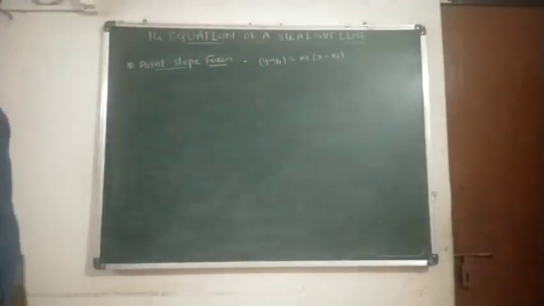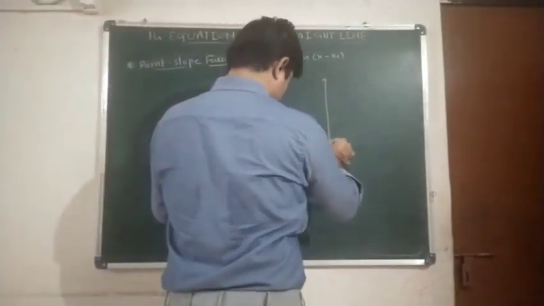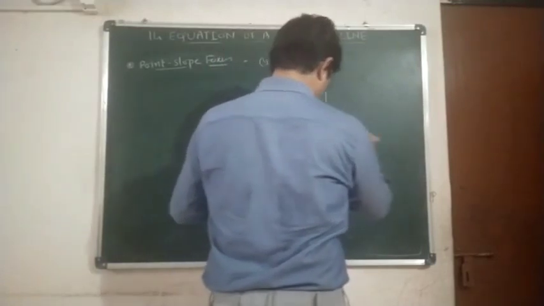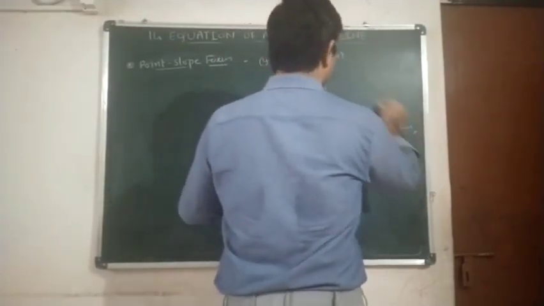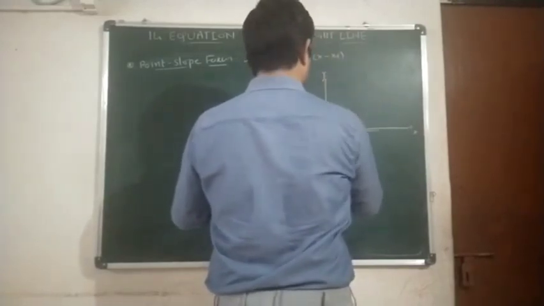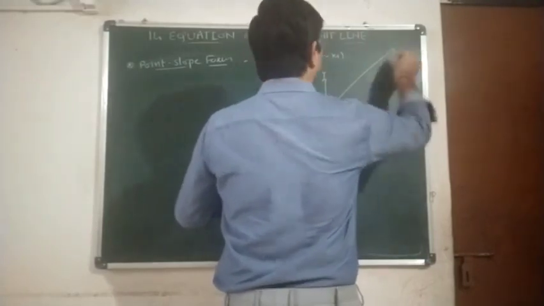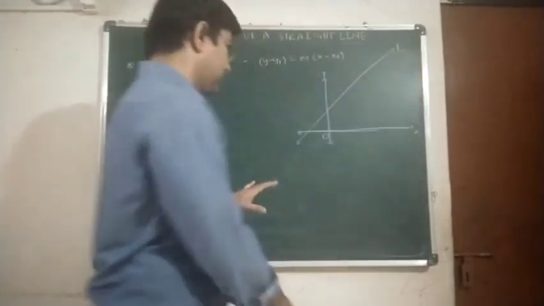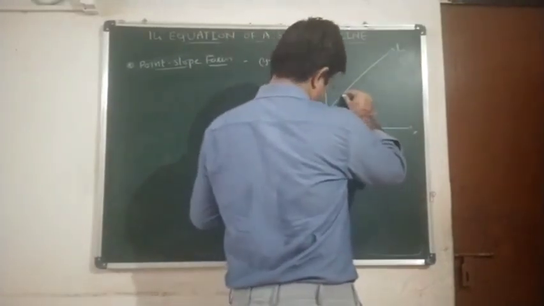This is called the point slope form. Let us try to understand this one with the help of a diagram. We have x and y coordinate axes. O is the origin and a line L, such that a point is given.